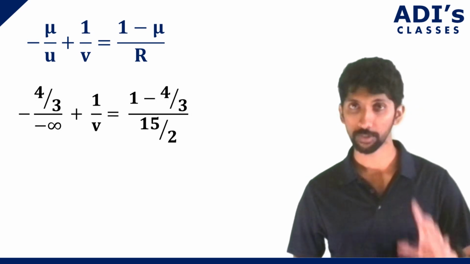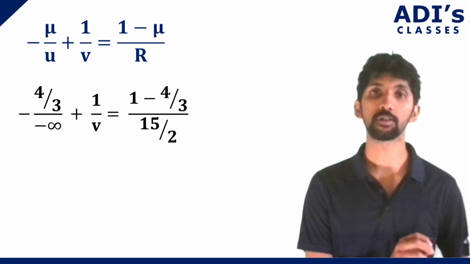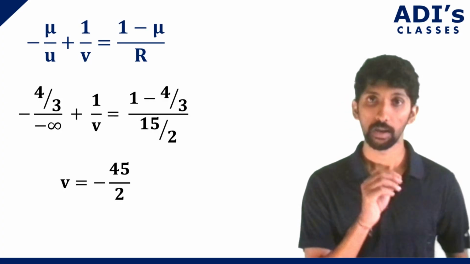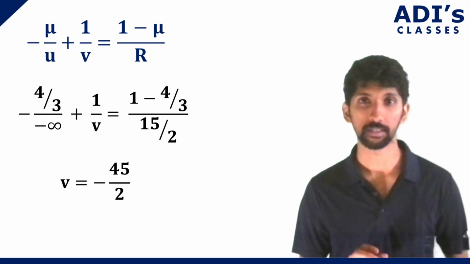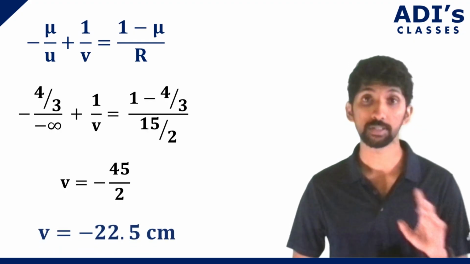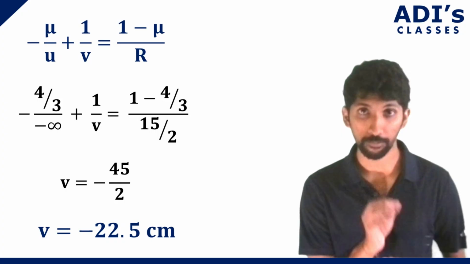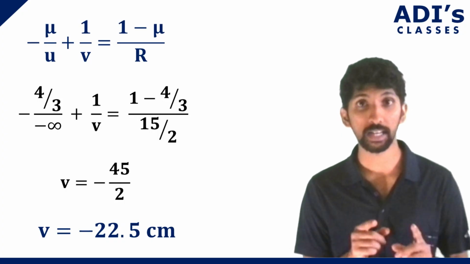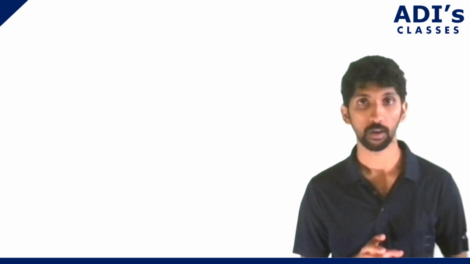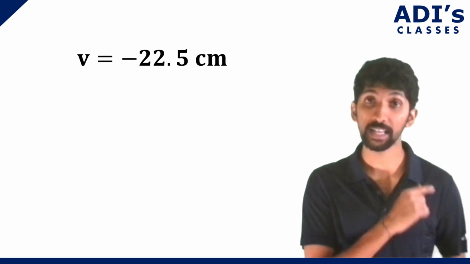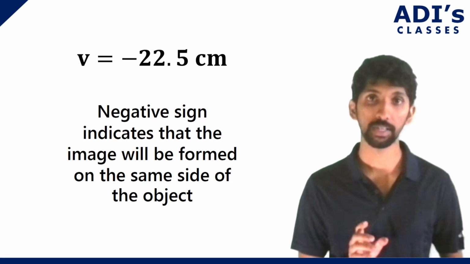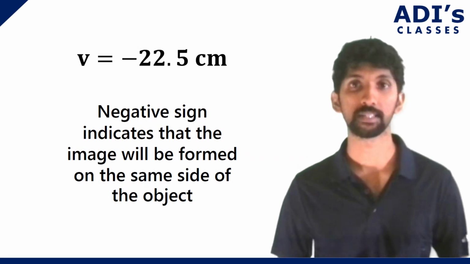Right? So if you solve this, we will have v equal to minus 45 by 2, which is minus 22.5 centimeter. Now here the v value is negative, correct? As v is negative, the image will be formed on the same side as the object. That is the reason why I is present in the denser medium: the object is in the denser medium, so the image will also be in the denser medium.